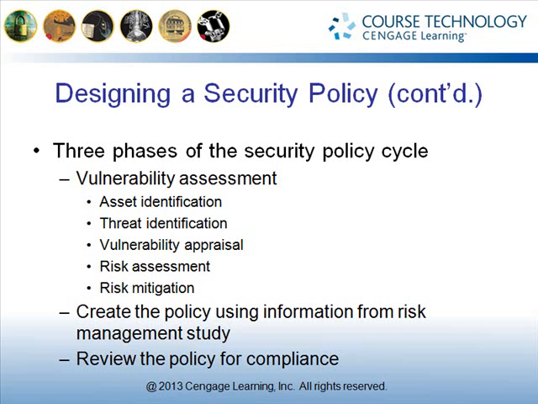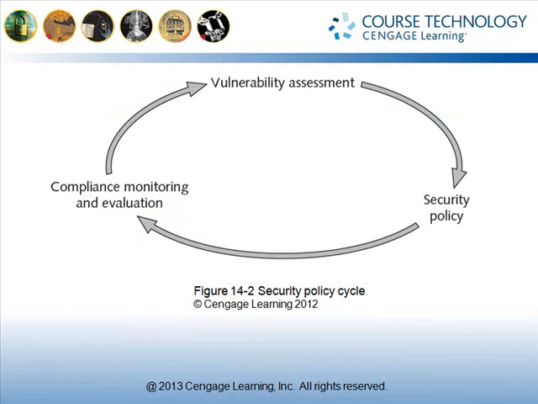Creating the policy using information from the risk management study is a key element, and it's important for us to review the policy for compliance. So, this three-phase security policy that we spoke of begins with our assessment. It then moves to creating the security policy itself.